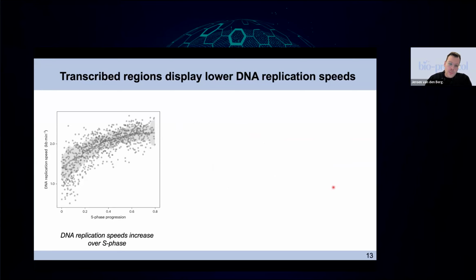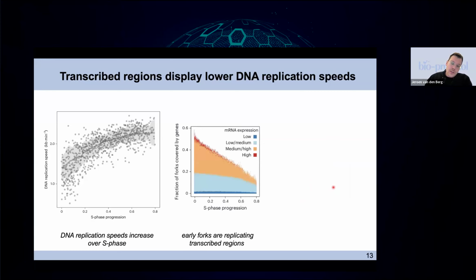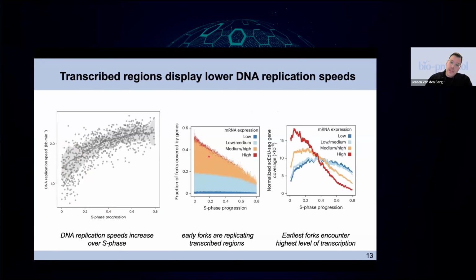But what might now explain this particular acceleration or increase in DNA replication speeds? What we found initially is that if we overlay this with single-cell RNA sequencing data, early forks, so these DNA replication forks that are replicating these early regions in the genome, are replicating transcribed genes. So actively transcribed genes are preferentially replicated in early S-phase, and the earliest DNA replication forks encounter the highest level of transcription.